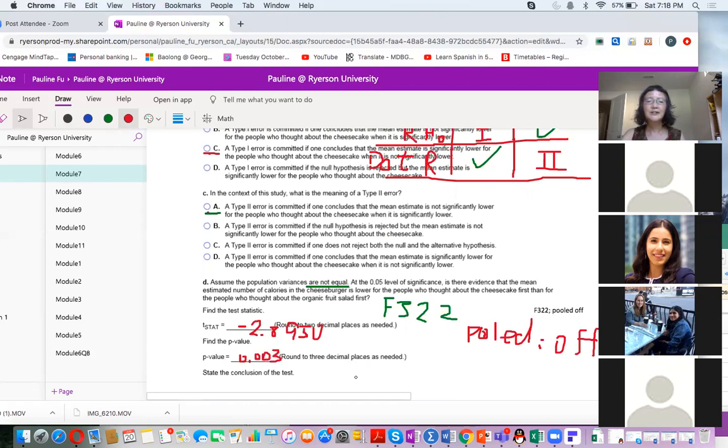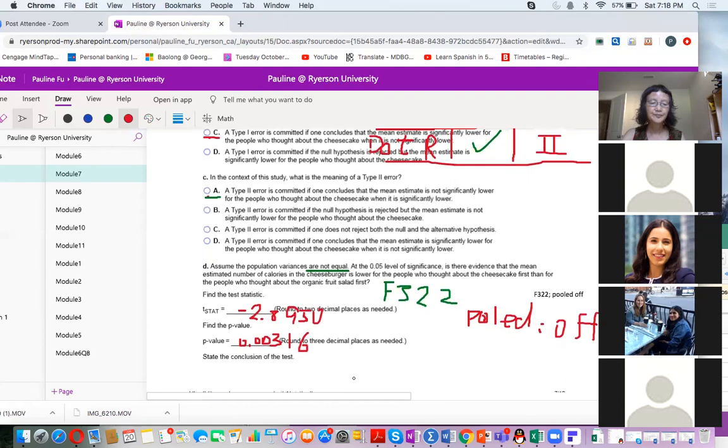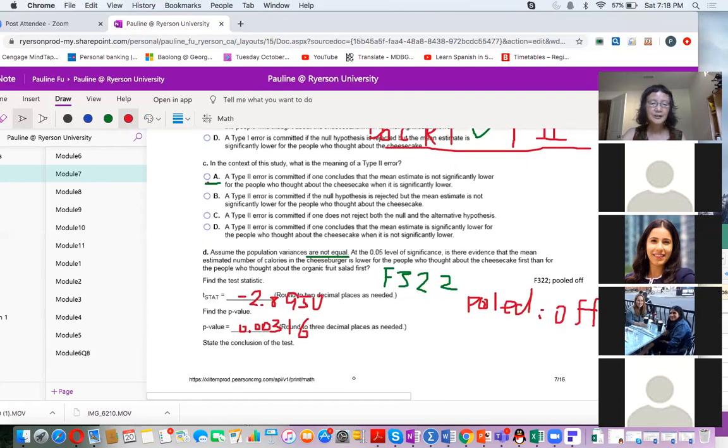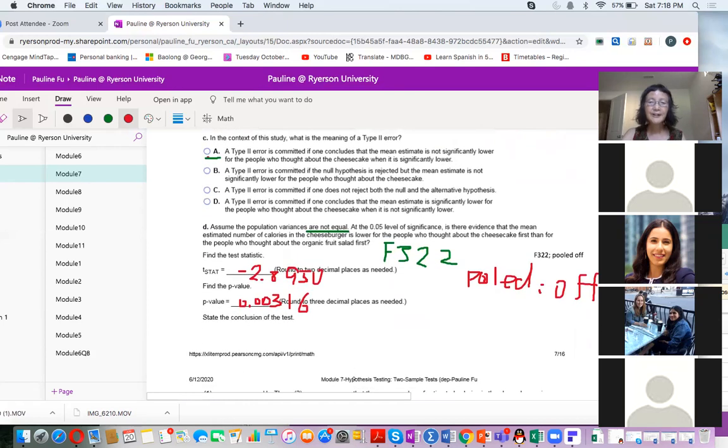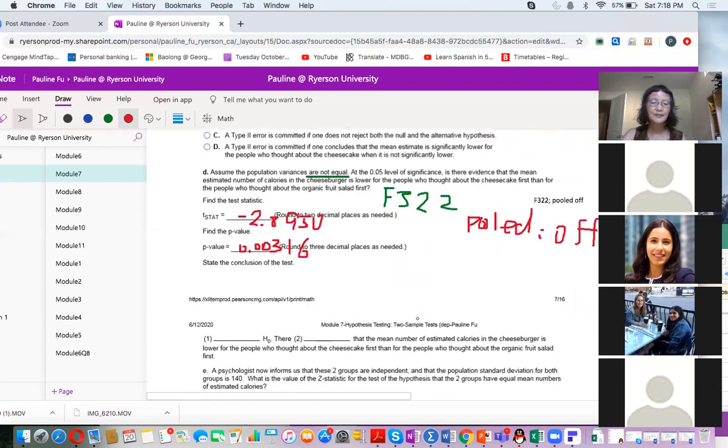Okay. Any questions? So this is the test statistic and p-value. Use pooled off.